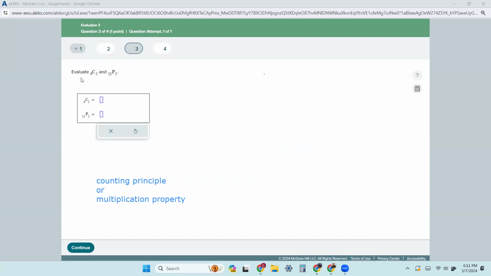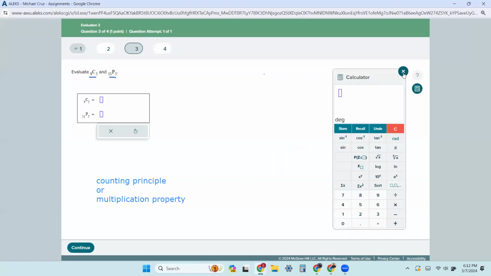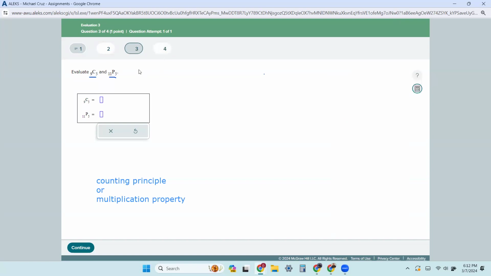We have a combination, and then we have a permutation. Now, one of the things they've done on here is they don't have it on this calculator for this problem because they want you to do it another way. So you can use your TI, or I'm going to just do it by hand. All right.